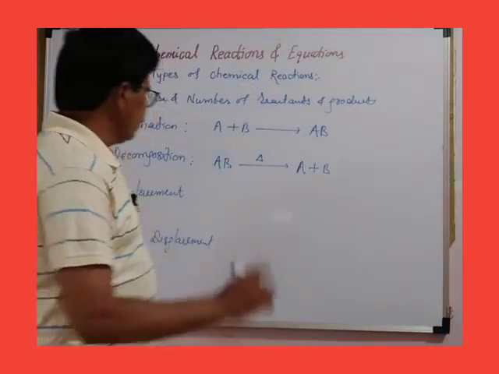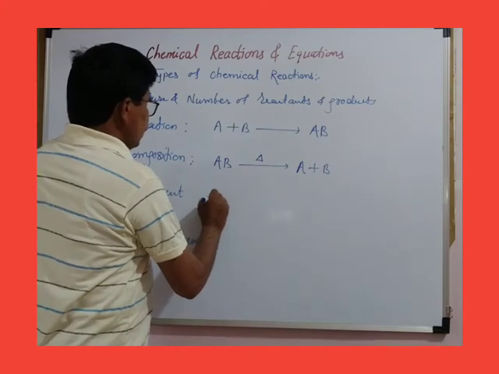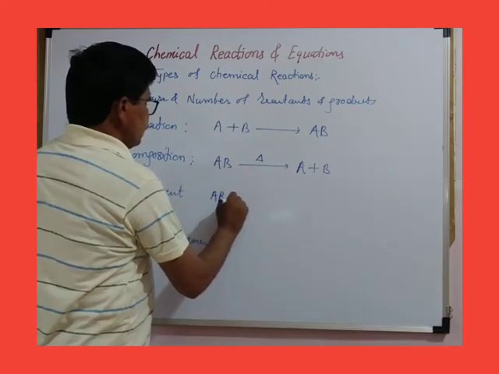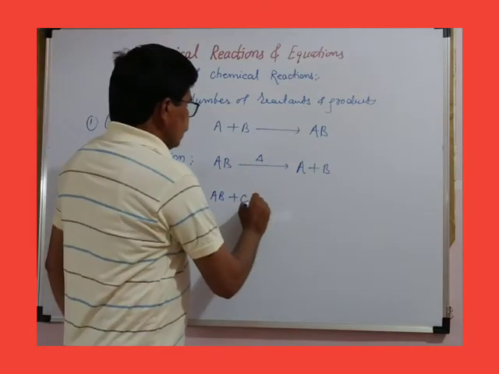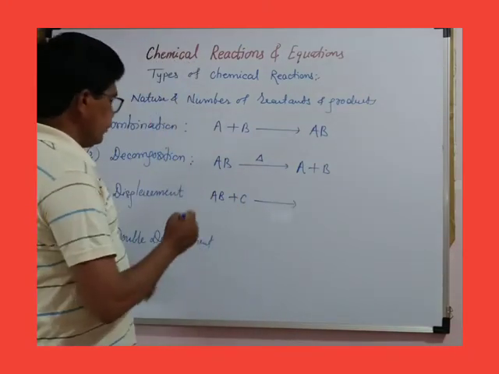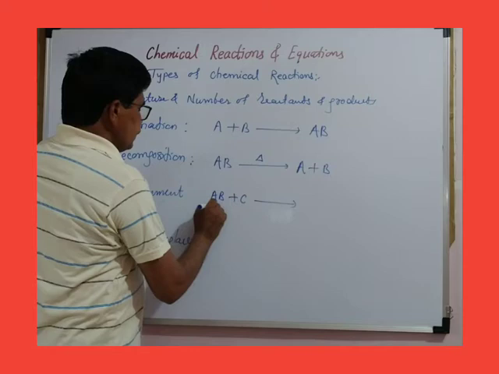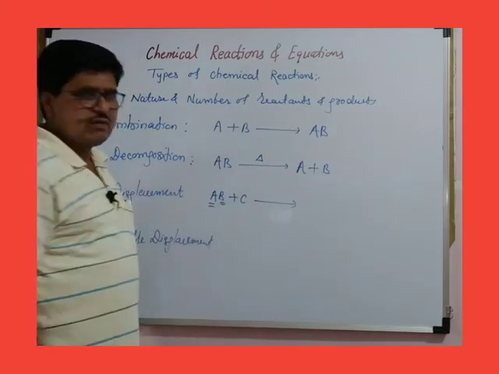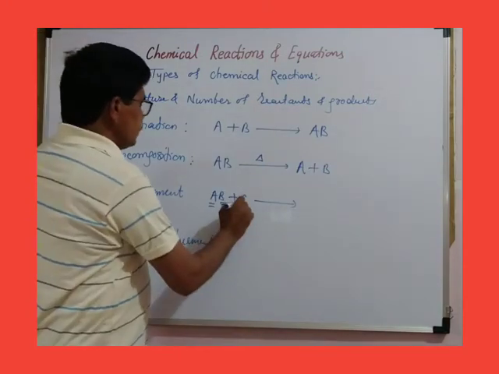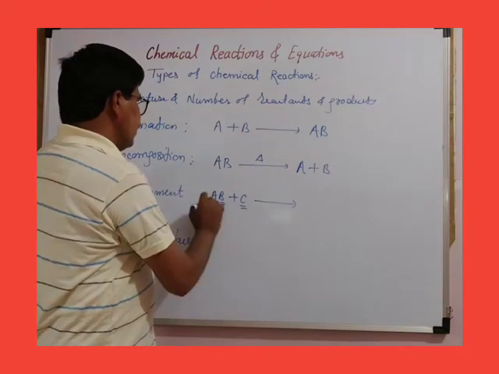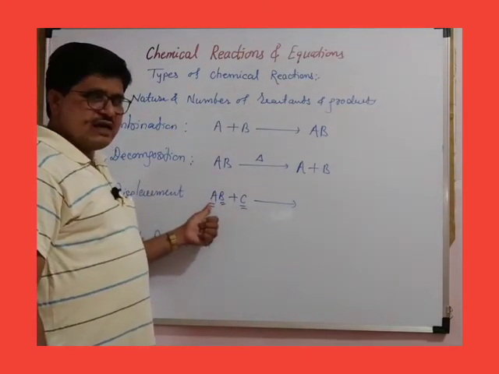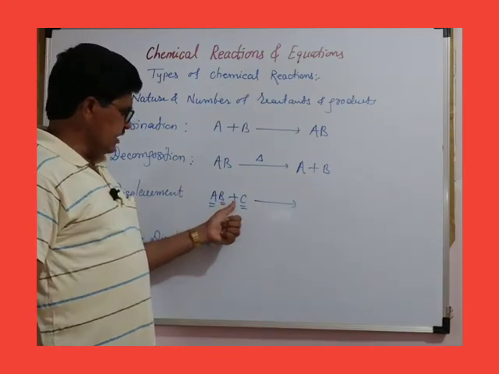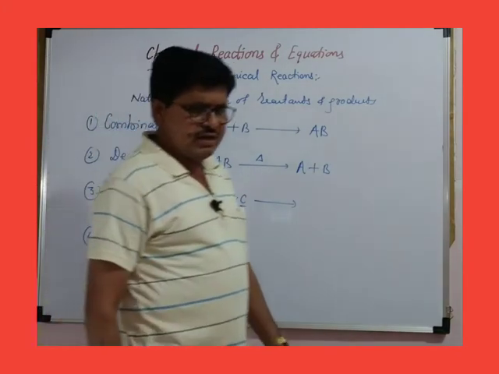Displacement reaction means what? Suppose AB is any substance and C is another element. If we consider A is the metallic ion, B is the non-metallic ion and C is a reactive metal than A. A हा metallic ion आहे, B हा non-metallic ion आहे आणि C हा metal आहे.